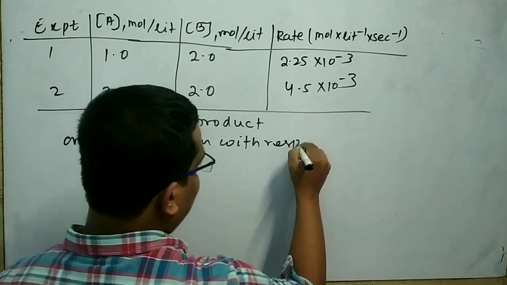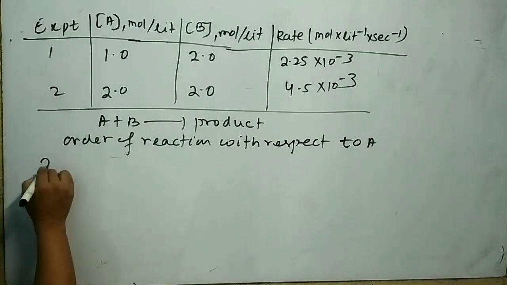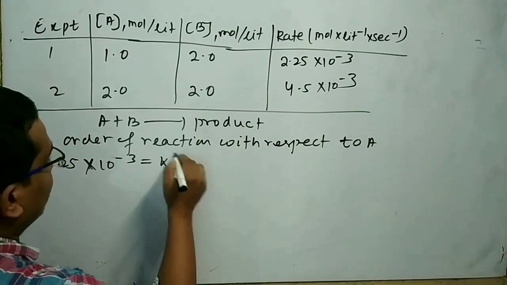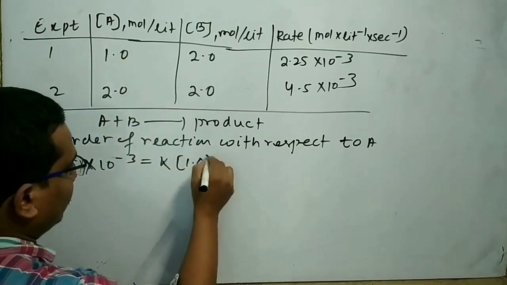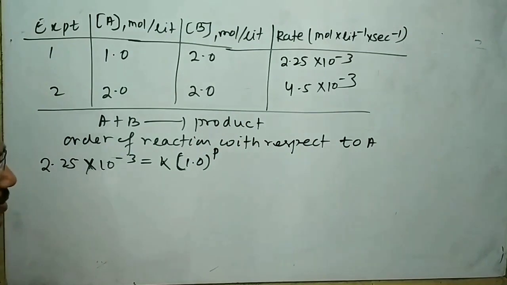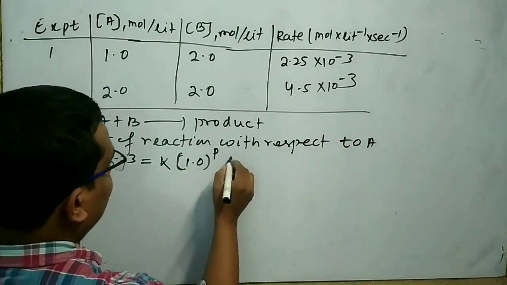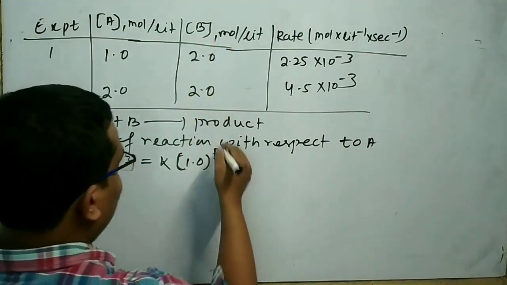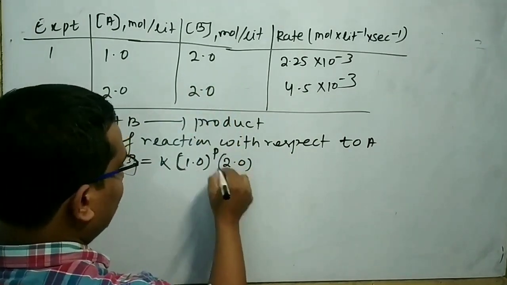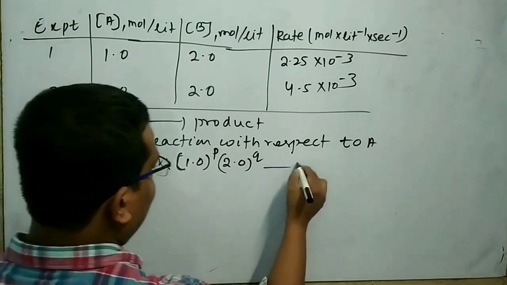with respect to A. According to the table, I can write 2.25 into 10 to the minus 3 equal to K into concentration of A, that is 1.0 power P. Here P is the order of reaction with respect to A. Then I multiply with concentration of B. Here concentration of B is 2.0, that means I multiply with 2.0 power Q. Here Q is the order of reaction with respect to B. Suppose this is equation number 1.